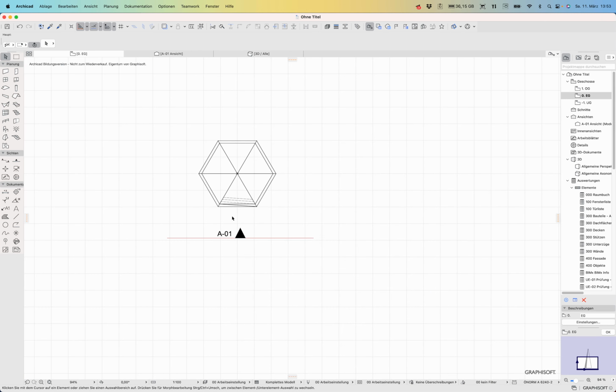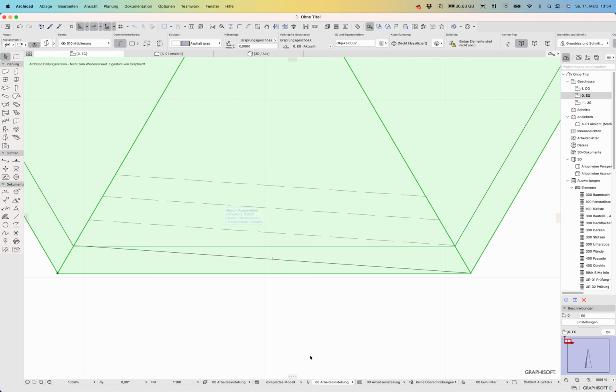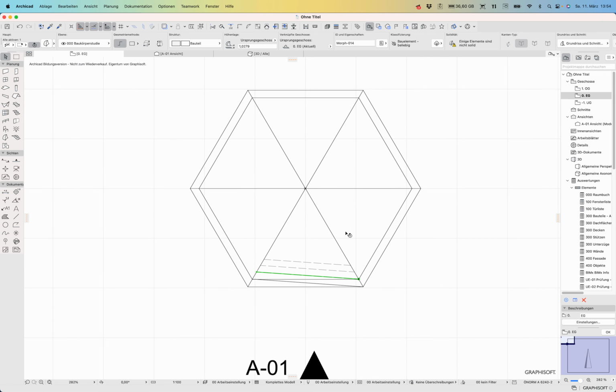I should see them in the ground floor too. This is the first, the second, and so on. I turn it from here to here. I do it with all of them.